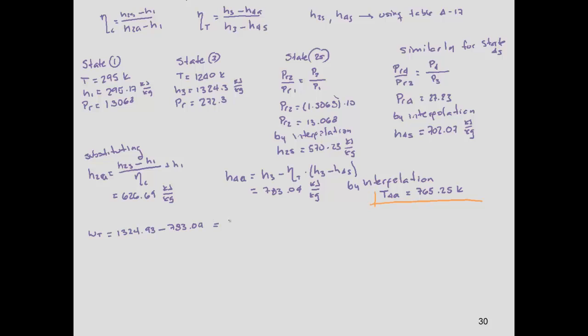This is 541.89, minus the work of the compressor, which is 626.69 minus 295.17, is equal to 331.52.